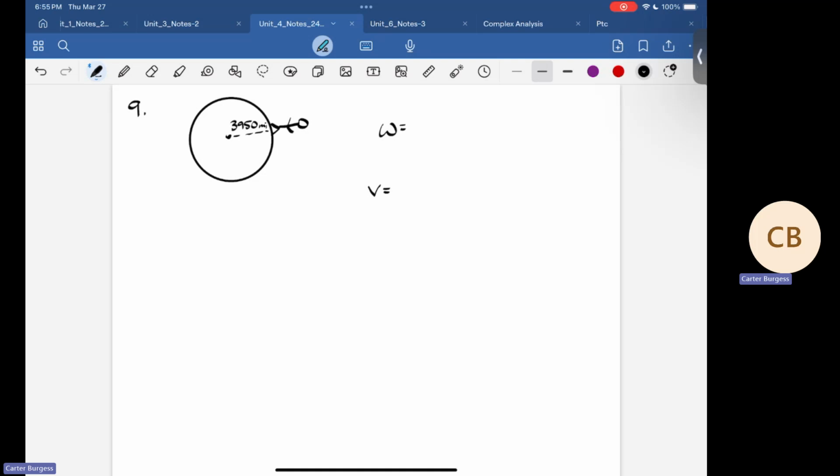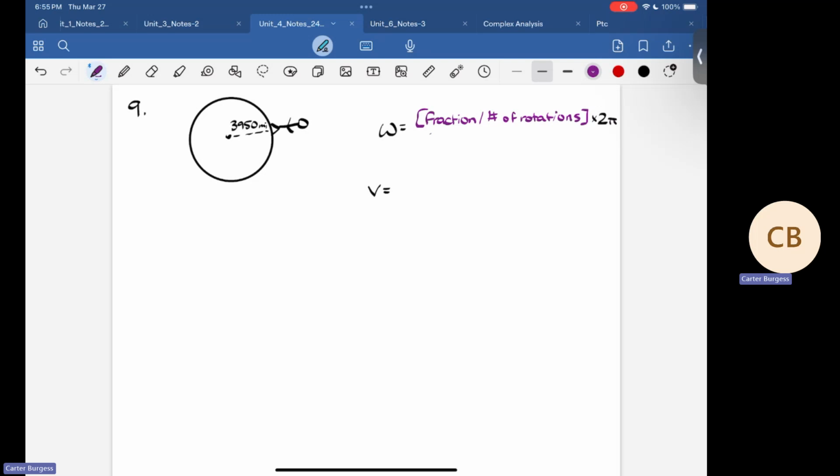All right, very, very similar to the last problem. We're still going to try and do that proportional thinking. So coming up with the fraction of a rotation or even the number of rotations in a particular time span. And then in order to get to angular speed, I'm going to multiply that by 2 pi.